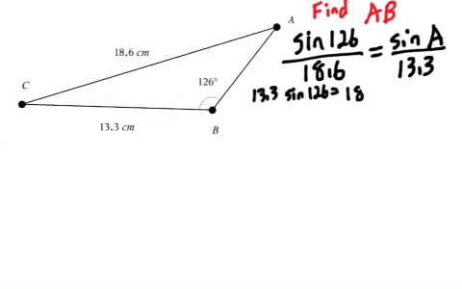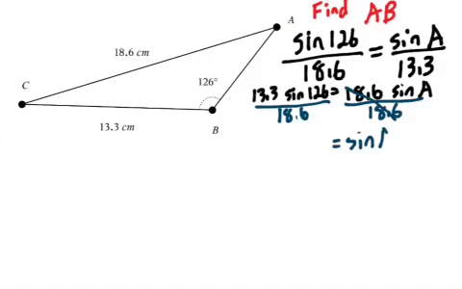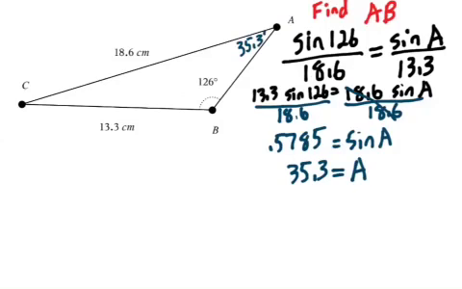I'll have 13.3 sine 126 equals 18.6 sine A. I'm going to divide by the 18.6 on both sides. That will leave me with sine A equals 0.5785. And then undo the sine function, do the arc sine. So big A will be equal to 35.3 degrees. I'm going to go ahead and fill that in up in my triangle.